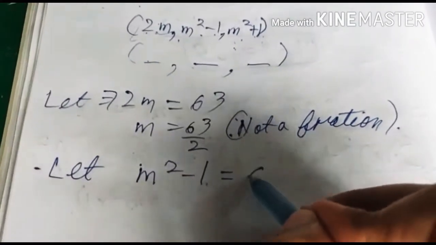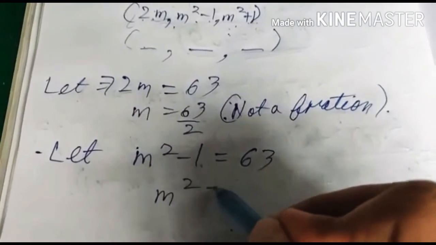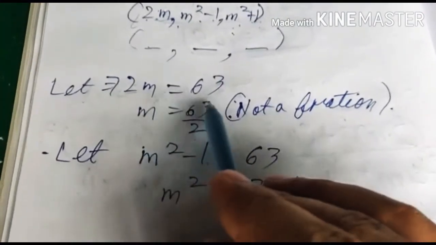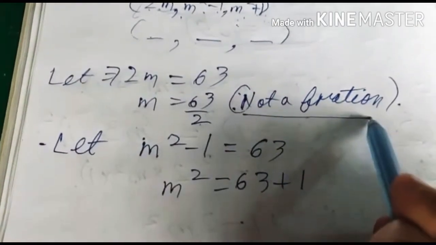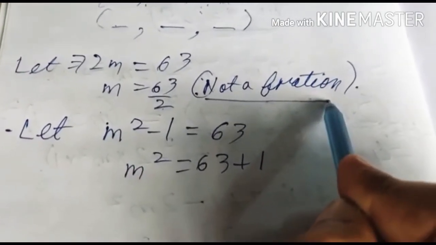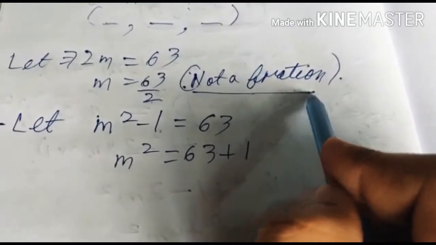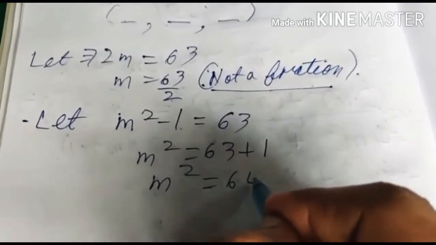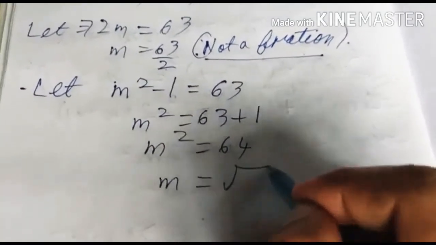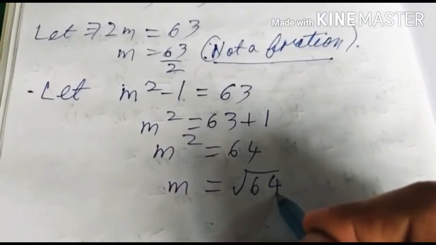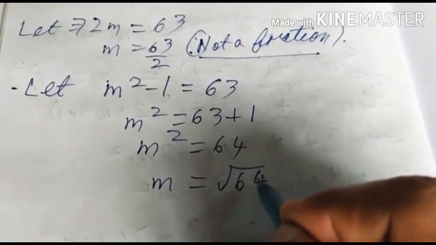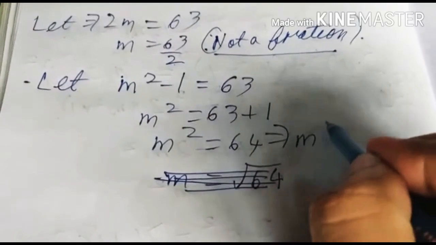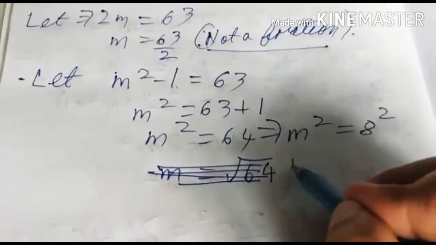If we take m square minus 1 as 63, then m square equals 63 plus 1, so m square equals 64, which is 8 to the power 2.